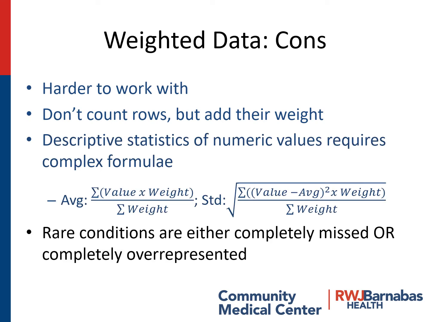Rare conditions either are completely missed or totally misrepresented. If you wanted to do a study on hereditary angioedema, most likely you're not going to find anybody. But if one accidentally slipped into the visits with a weight of 28,000, that doesn't mean that 28,000 people visited for hereditary angioedema. That's just a quirk of statistics.